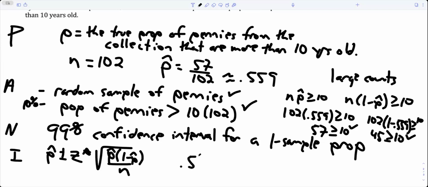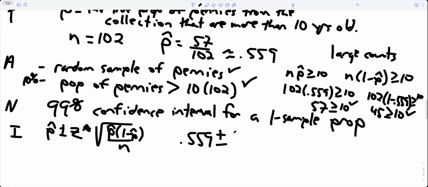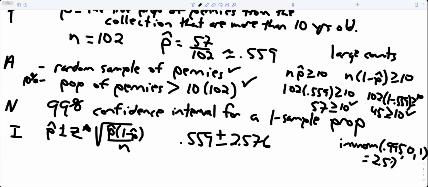So p hat was 0.559 plus or minus. What is my z critical value for a 99% interval? 2.576. And if you did not remember that, I could get that from inverse norm of 0.995, which gives me that.